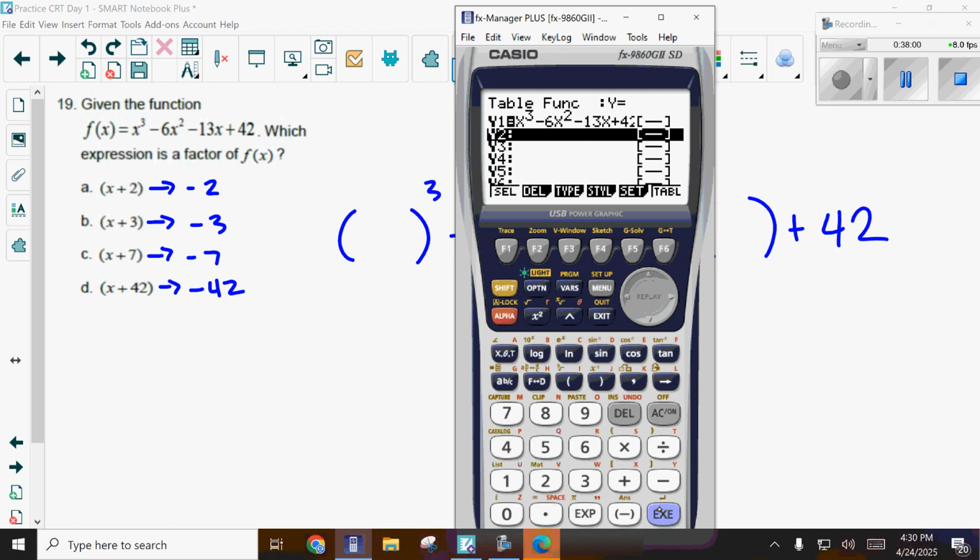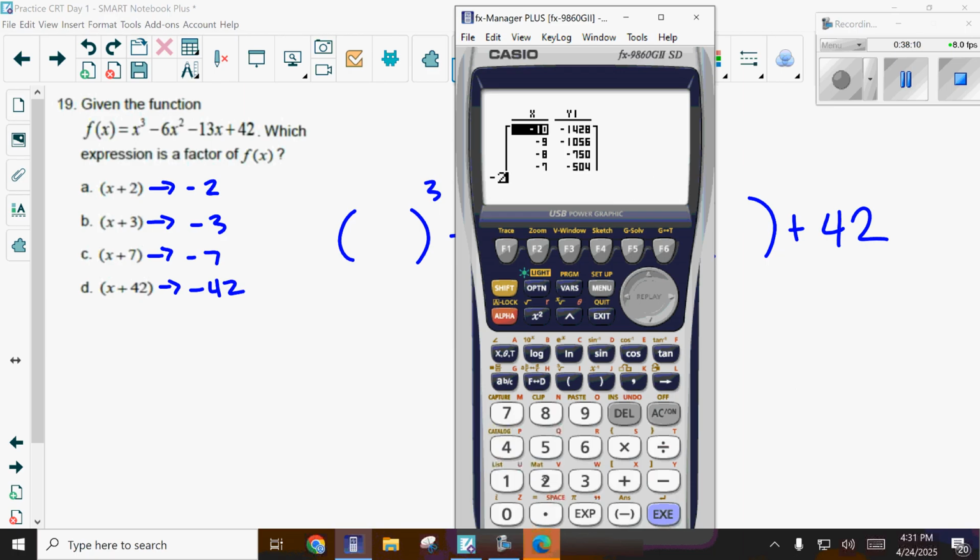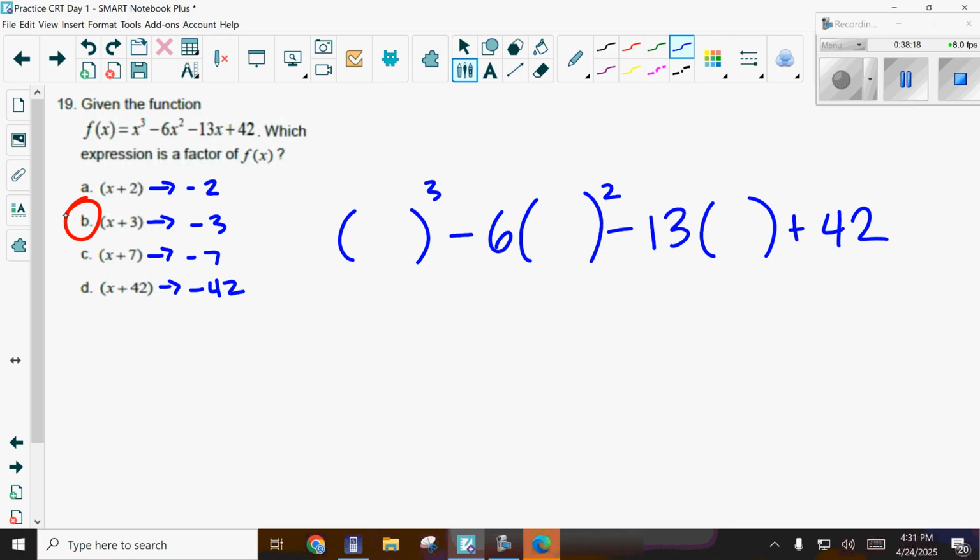Okay, now I don't care what the table says. I don't care where it starts and where it ends. All I'm going to do is plug in the numbers that I put next to the arrows. So I'll type in -2 and hit enter. It needs to give me 0. That's how I know which one is the answer. So I'll type in -3. There it is. That one has to be the answer.